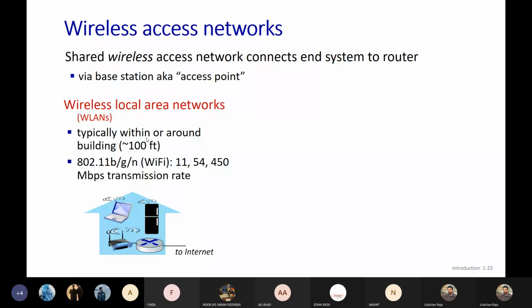Basically, we have a wireless access network. At your home, look at this diagram which I have shown you a little while ago. You have a single device, let's call it a router, and it has a built-in access base station, also known as an access point.